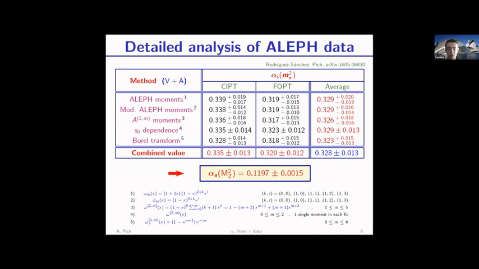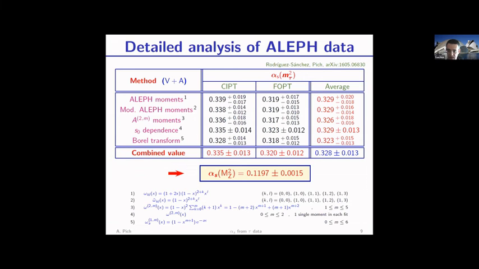You can see the kind of moments that are used in each analysis in the low part of the plot, or using what we call optimal moments, or looking to the S0 dependence, which is more dangerous because you are more subject to duality violations, or even using a Borel transform, that is what the Russians liked more many years ago. And we did, in addition, many other tests of the reliability of the method, how consistent the results were, and how small variations of the assumed inputs were modifying the final results.